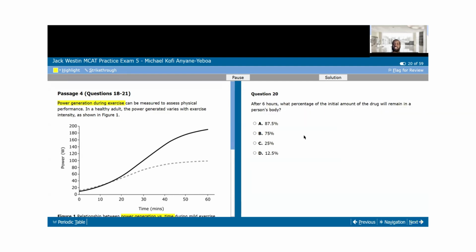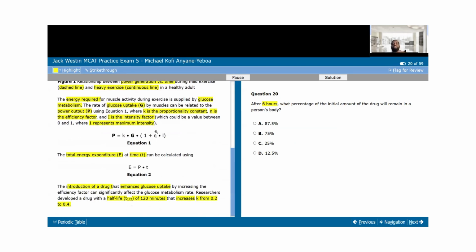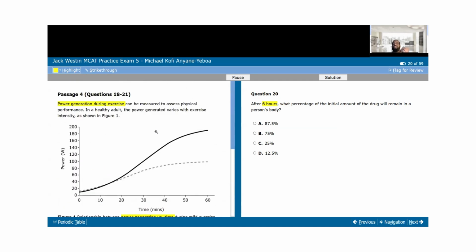All right, let's do 20. After 6 hours, what percentage of initial amount of drug will remain in the person's body? So again, I was doing red flag and green flag in my head. I was not saying it, but for this question, I'm going to say it so that you know how to say it. After 6 hours, they've given us what percentage of initial drug.